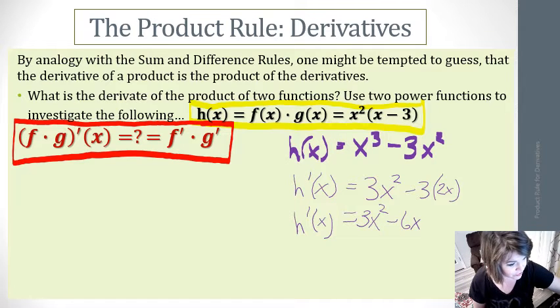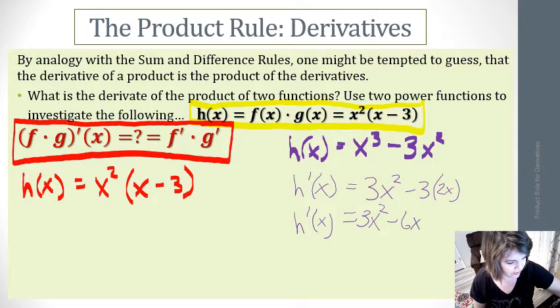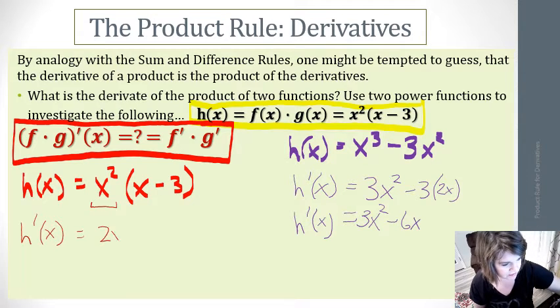So let's try this. So h of x, what did we have for h of x? We had x squared, that's our first function, times x minus 3. So what if instead of multiplying it out, we just found the derivative? So what if we did the derivative of the first one, which is 2x, times the derivative of this function, which is 1x to the 0 minus 0.